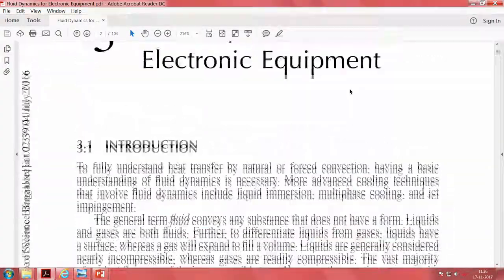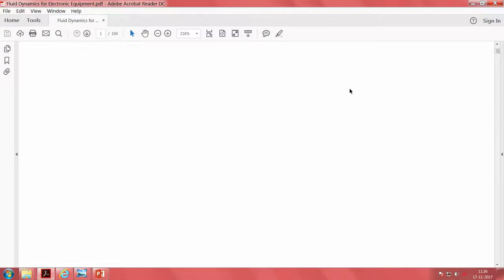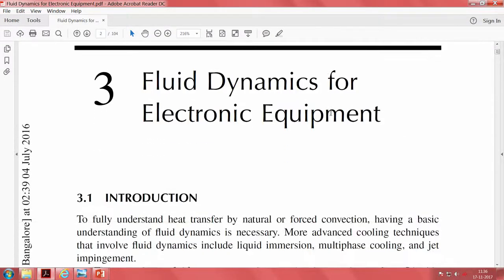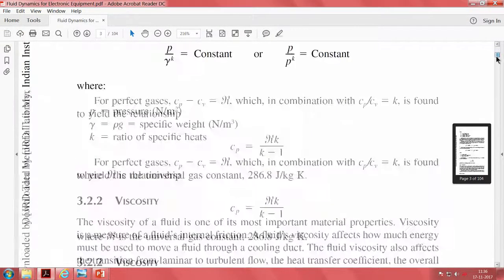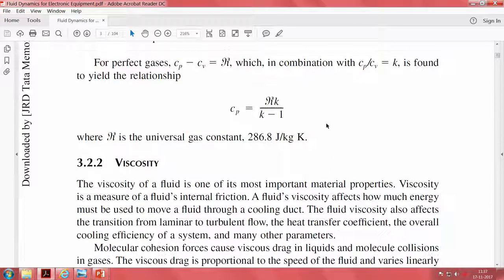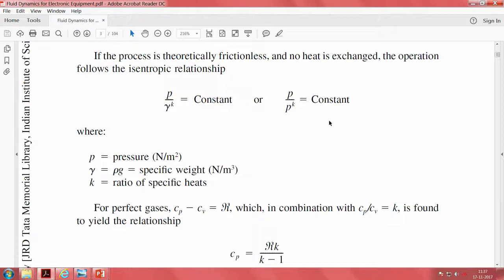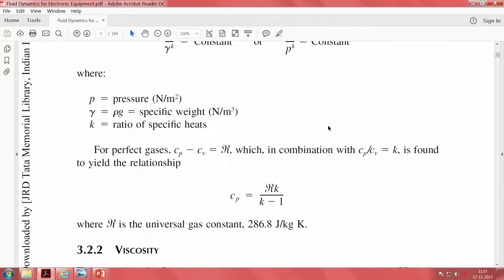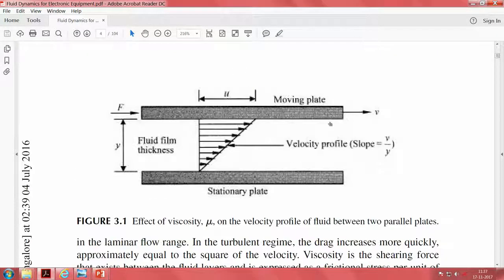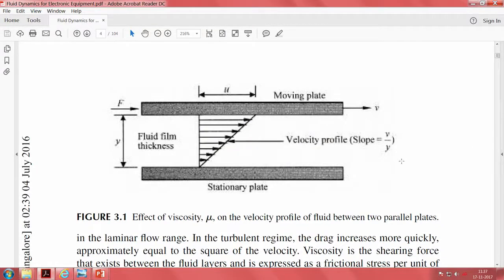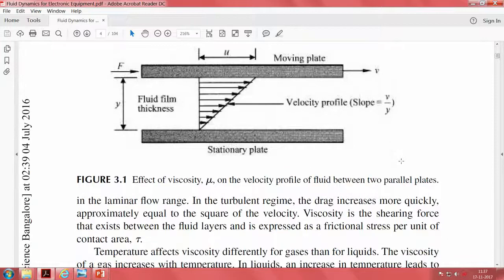All the time we have what I call a fantastic set of theory, with various things like: if the process is frictionless and no heat is exchanged, and these things are developed to a very high degree of certainty.